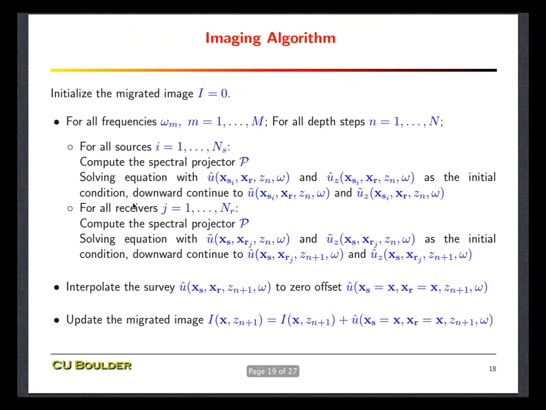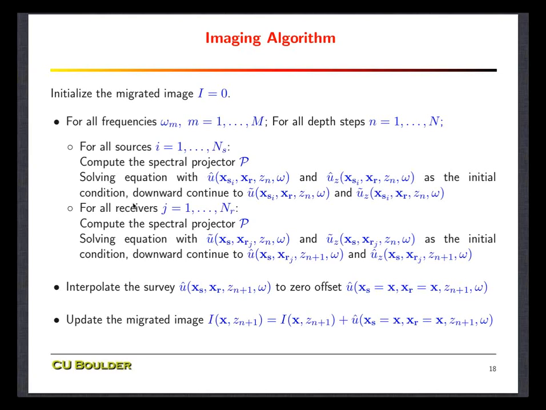So this is the algorithm. Basically, if you have sources and receivers, you do source gathers and receiver gathers using these initial conditions and keep marching. So this is the computation.